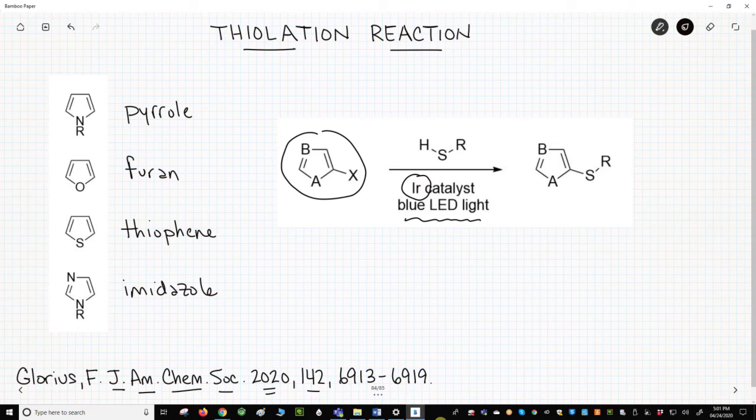So A can be nitrogen, oxygen, or sulfur, and B can be carbon or nitrogen. The halogen X can be chlorine or bromine.